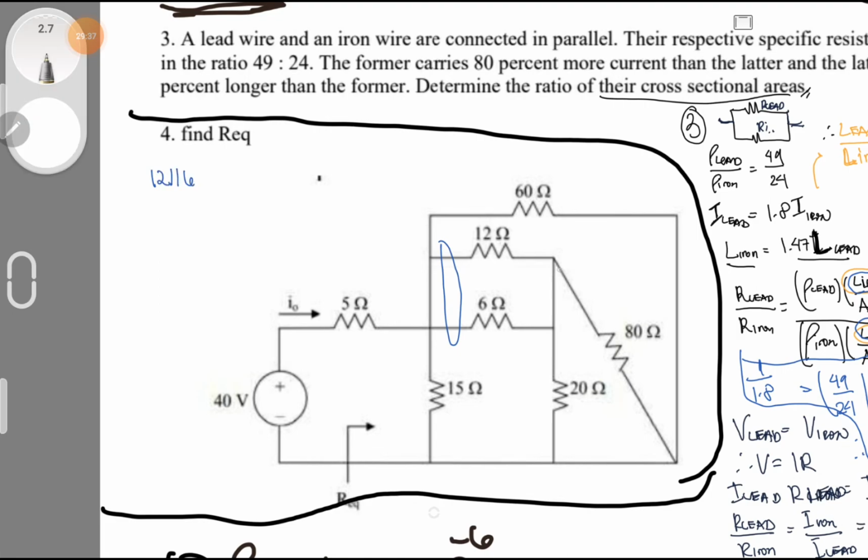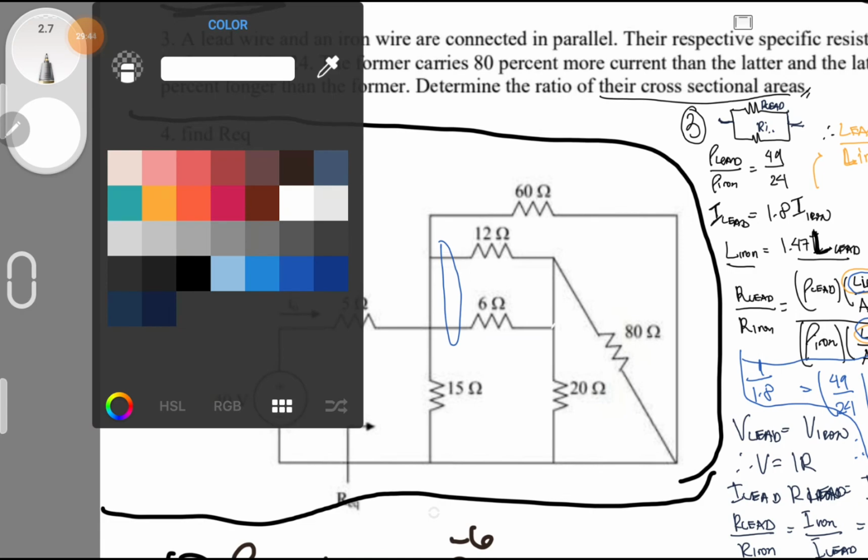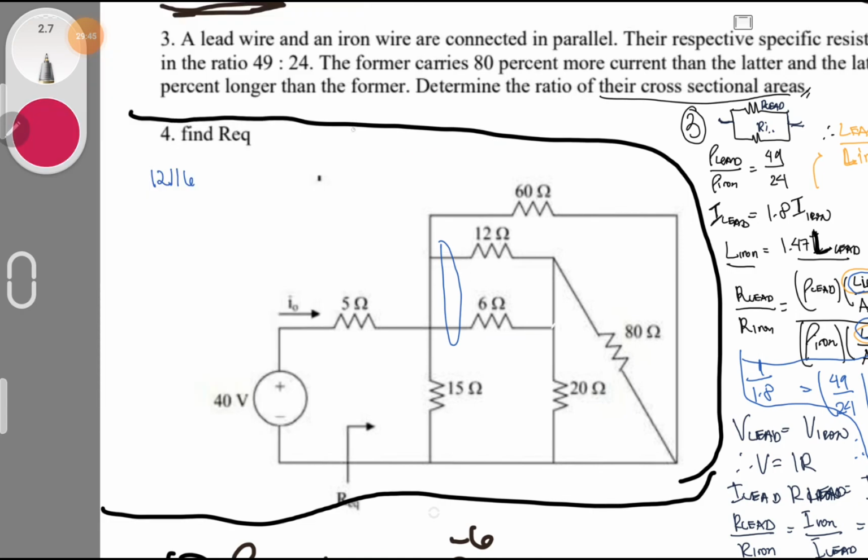And then, mamaya yung combination yan magiging ganito siya. So, 12 in parallel with 6. So, therefore, makikita mo that 80. Ayan. 12 in parallel with 6. And then we have our 15 ohm.